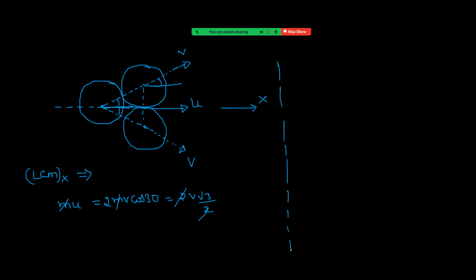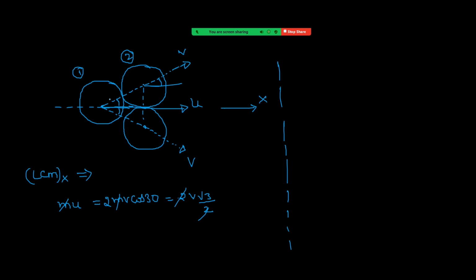In that case, we have to focus only on components along the line joining them. Sorry, components along the common normal direction. That means we have to focus along this line or along this line. Let us take this is a first body. This is second body.